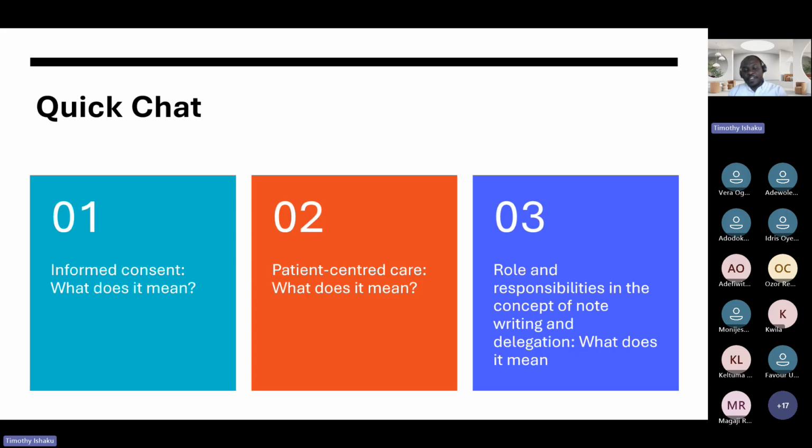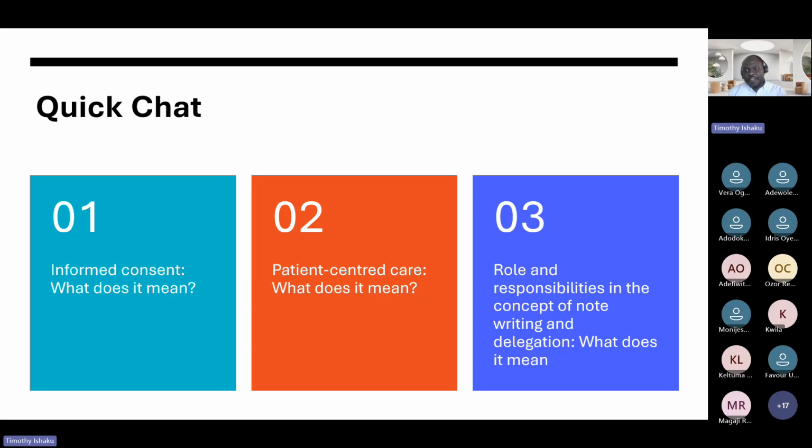Now, the second bit is the interpretation intermediary that was highlighted if there are language barriers. If we say patient-centered care, and that's what I think Gabi started to mention, and we are drifting towards that, then we have to wrap our conversation around the patient.